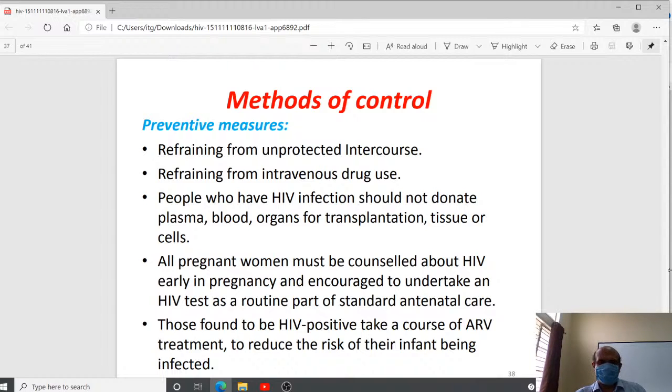All pregnant women must be counseled about HIV early in pregnancy and encouraged to undertake HIV testing as a routine part of standard antenatal care. Those found to be HIV positive take a course of ARV treatment and reduce the risk of their infant being infected.